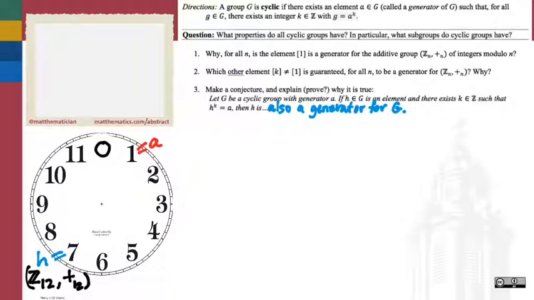Then let's see what happens when I add 7 to itself. 7 plus 7 is 2, right? Exactly. 2 plus 7 is 9. 9 plus 7 is 4. 4 plus 7 is 11. 11 plus 7 is 6. 6 plus 7 is 1. And so we've arrived back at 1, which is what we wanted.